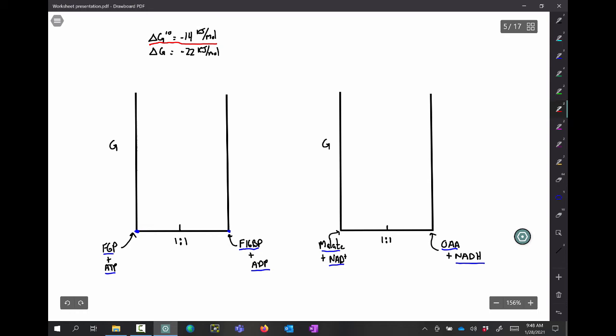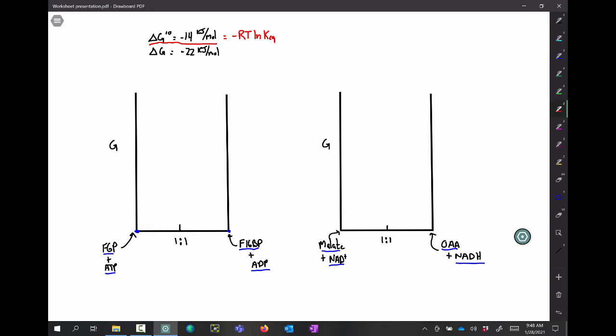If we look at this equation, delta G prime naught equals negative RT natural log KEQ, which means that we could solve this equation for KEQ using delta G prime naught equal to negative 14 kilojoules per mole, and therefore determine our ending point.